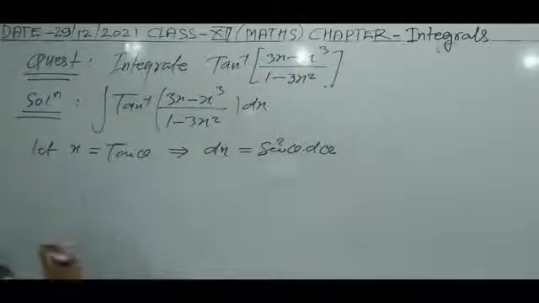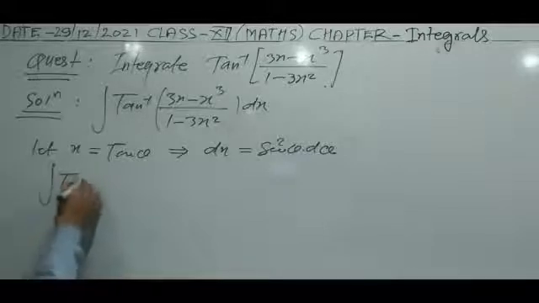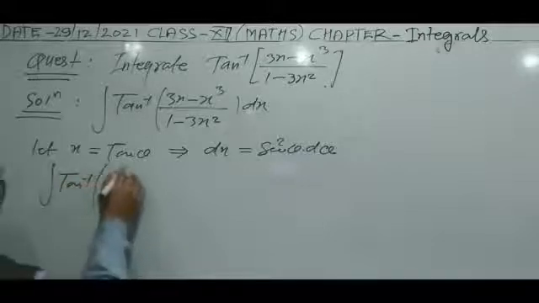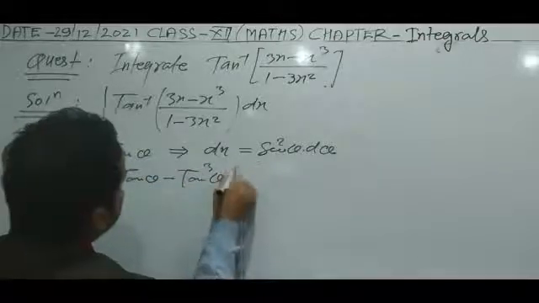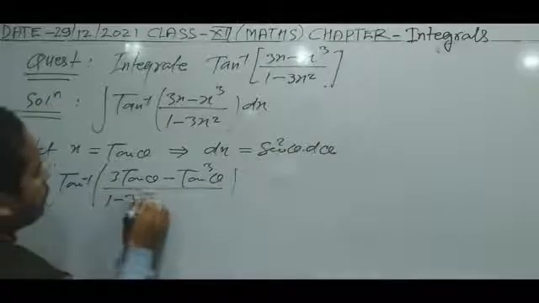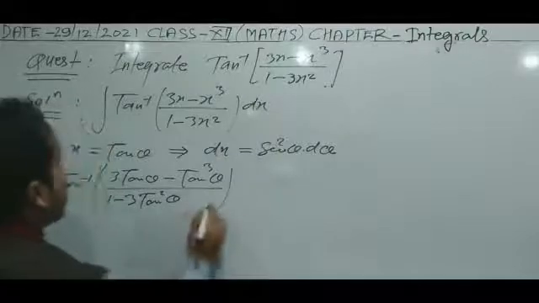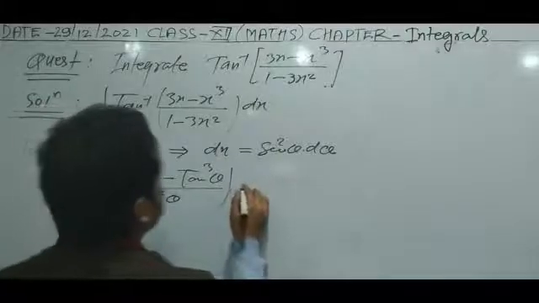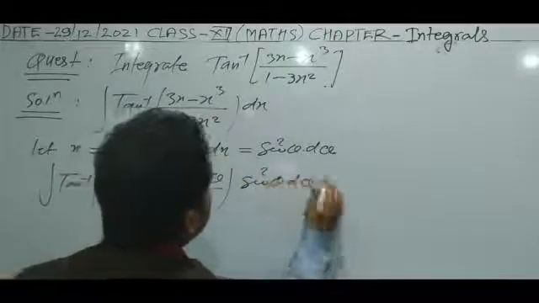Now expression we can write integration over tan inverse of 3 tan theta minus tan cube theta whole upon 1 minus 3 tan square theta, and dx result is sec square theta d theta.